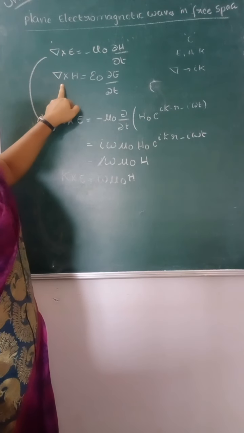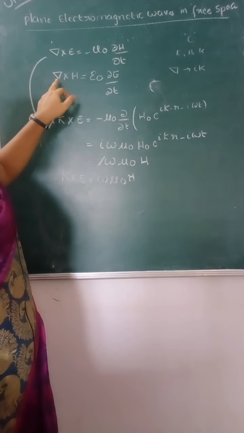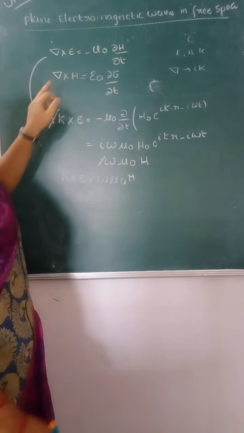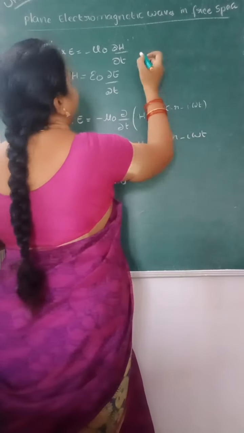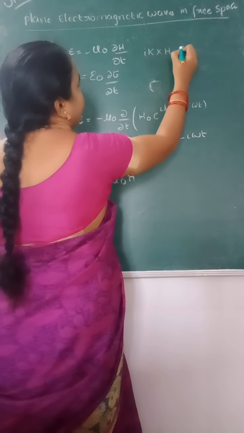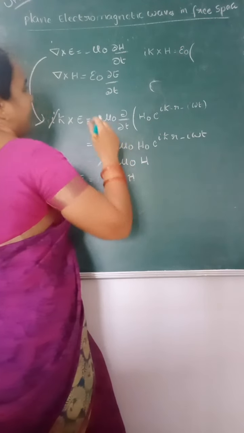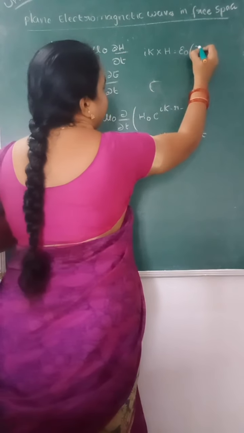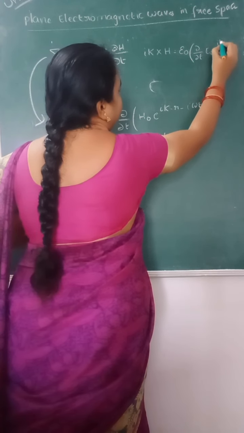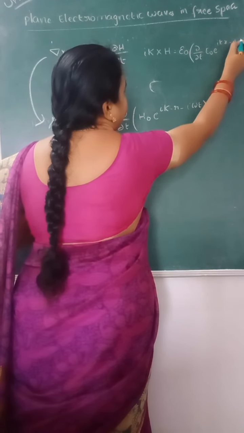Similarly, substitute ik in place of del vector in the other equation, then we get ik cross H is equal to epsilon naught dou by dou t of E, where E is nothing but E naught e power i(k dot r minus omega t).